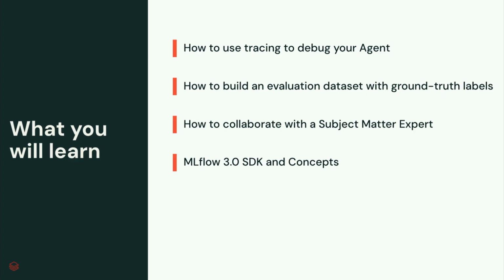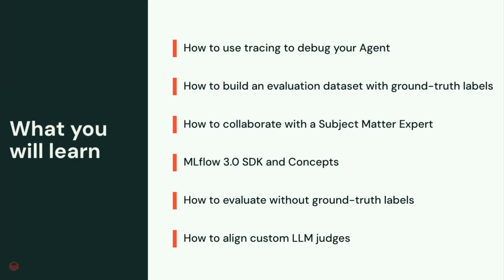All of this stuff is launching soon, Kathy, is that right? Yes. Cool. By 3 p.m. She's the EM. We're going to learn how to evaluate without ground truth labels. And this is a very, very powerful concept here. And we'll explain that soon. And then how you're going to align a custom LLM judge with your interpretation of quality.